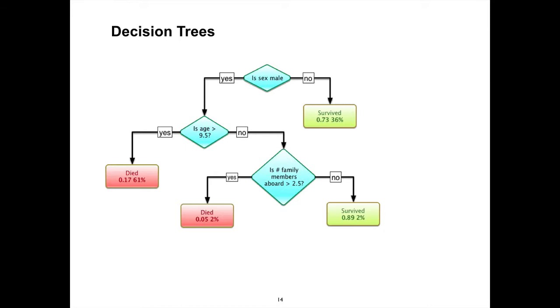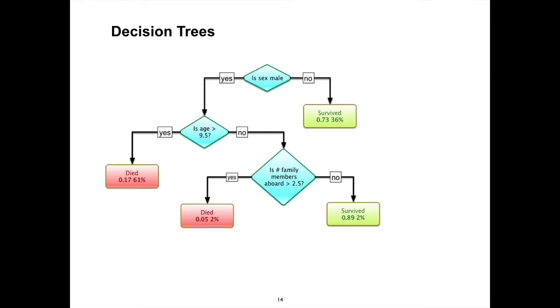If they are male, then we can say, okay, they're older or less than this age, and then we can keep on going on all the features, and finally we've asked questions about all the features, and then the leaf nodes. If we're good, we get either 100% or 0%, right?